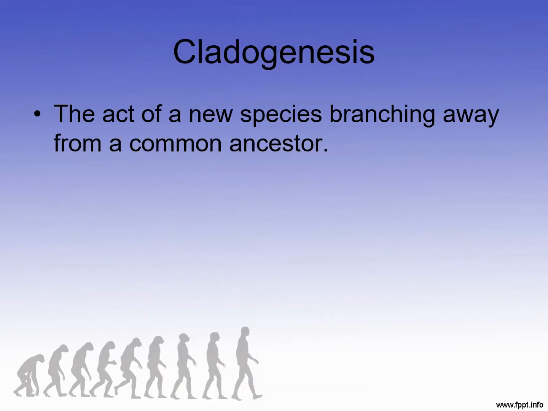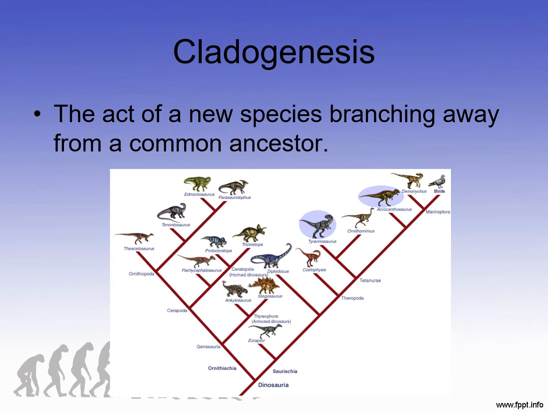We also have cladogenesis, which is the act of a new species branching away from a common ancestor. So you can think about this as how there is a common ancestor for basically all dinosaurs, but then over time they began to diversify into many, many different groups.